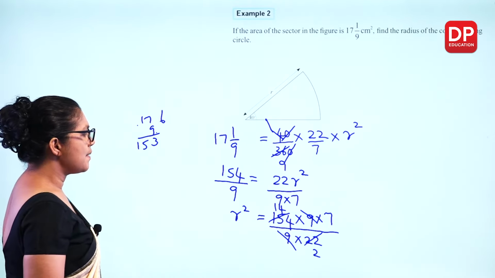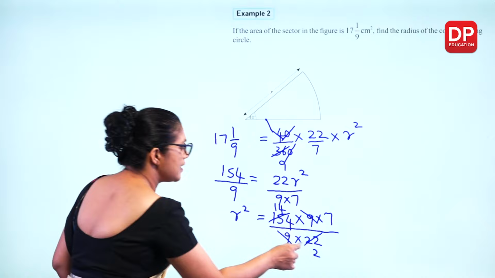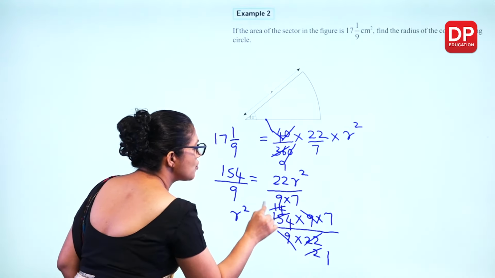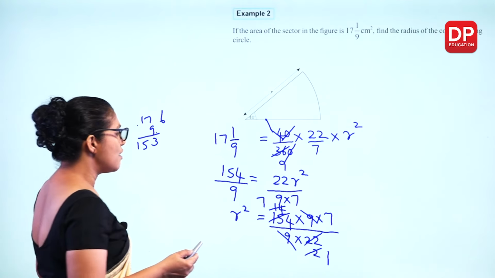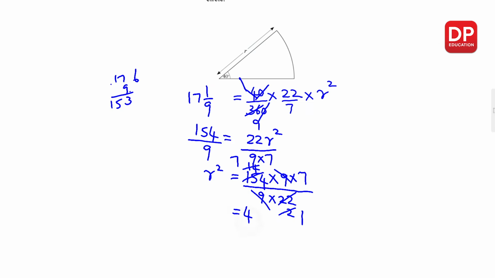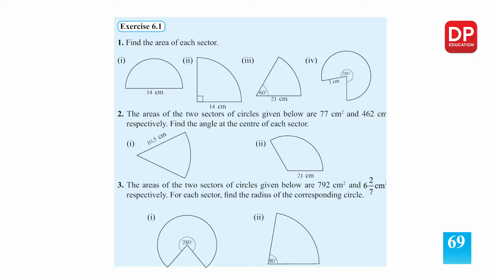So 14 times 7. Here 2 times 1, 2 times 7. So 7 into 7 becomes 49. So r is equal to the square root of 49. We know 7 is the square root of 49. So the radius is equal to 7 centimeters.